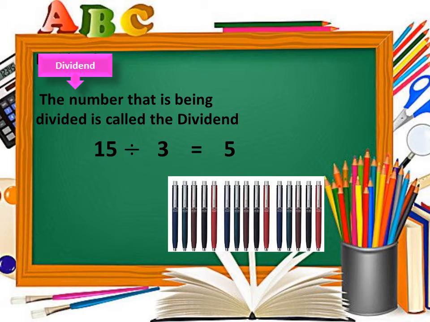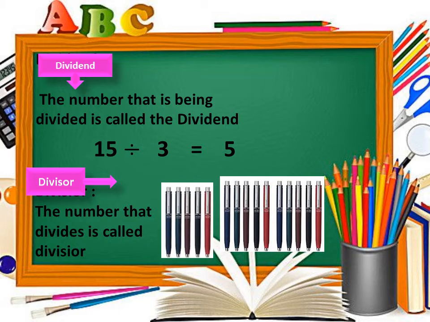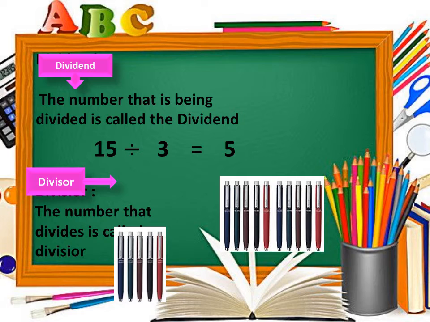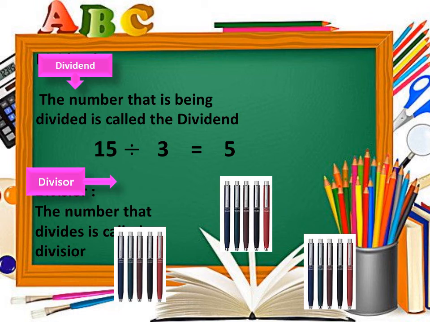The number 3 in the problem is called the divisor. This is the number we are dividing by. The divisor takes the dividend and breaks it into smaller groups. In this problem, let's say we have 3 kids and they want to share the 15 pence among them.